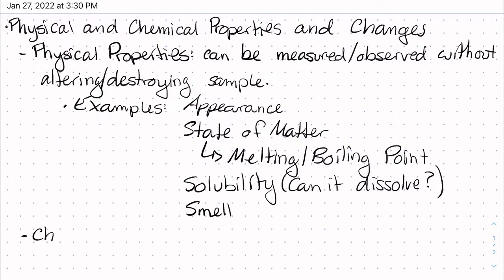Chemical properties, on the other hand, do need your sample to undergo some kind of change, because what makes a chemical property is how something reacts with something else.